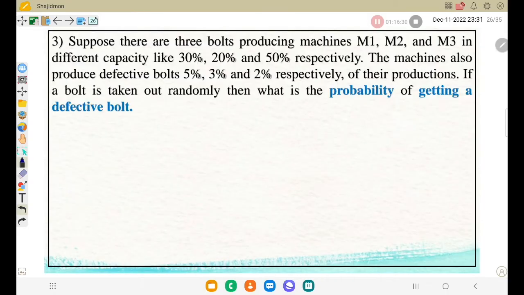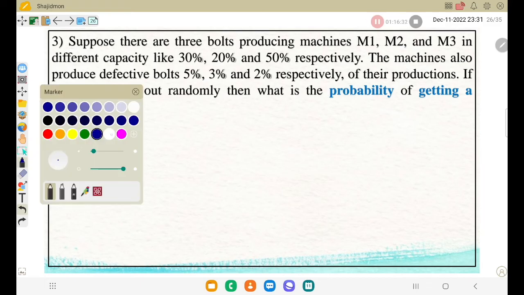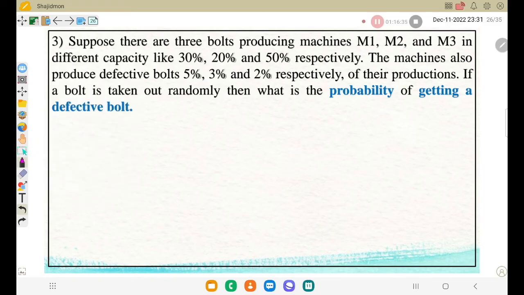Okay, now let me go to the third question. Suppose that there are 3 bolt producing machines. 3 bolt producing machines. How many? 3. That means for the sample space, how many partitions are there? 3 partitions. M1, M2 and M3. In different capacities like 30%, 20% and 50% respectively.